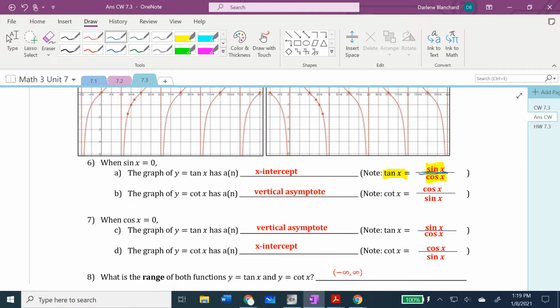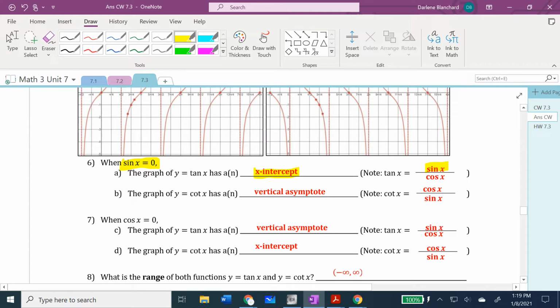So what you want to realize is, when sine x is equal to 0, when it comes to tangent, sine is the numerator. And that means that tangent has an x-intercept when sine is 0.